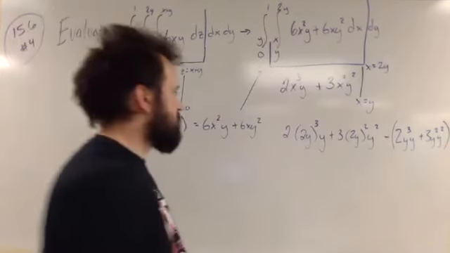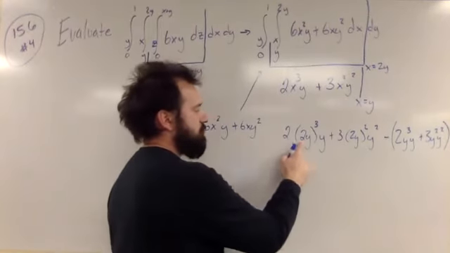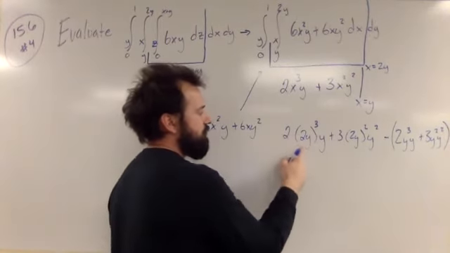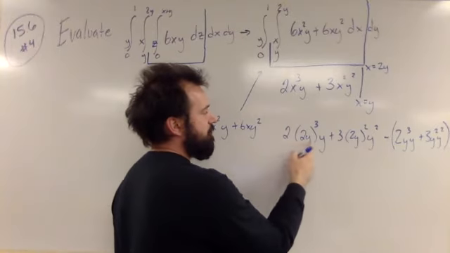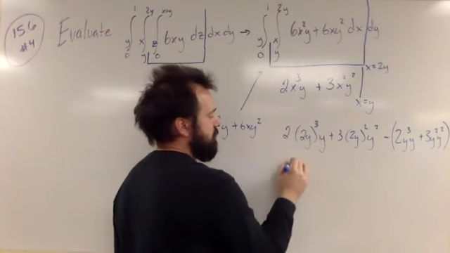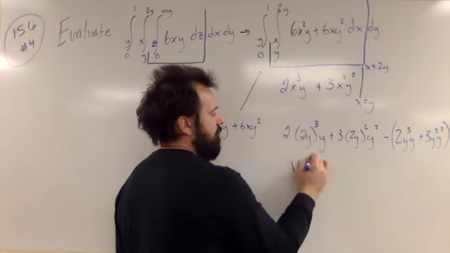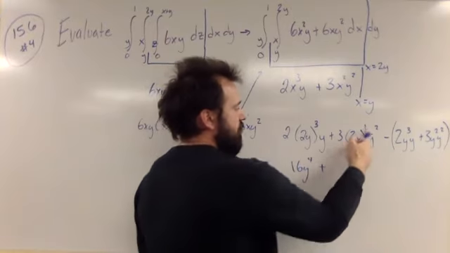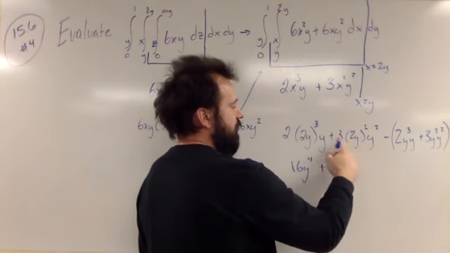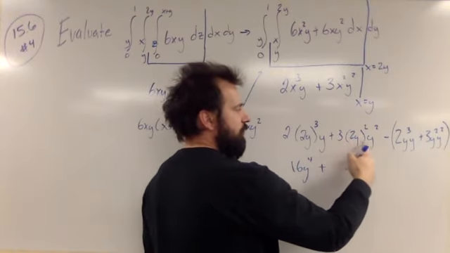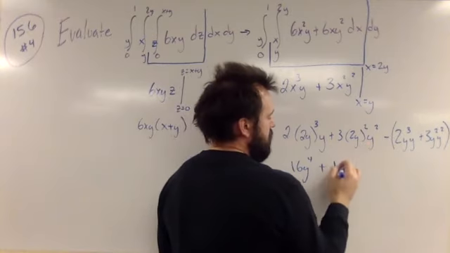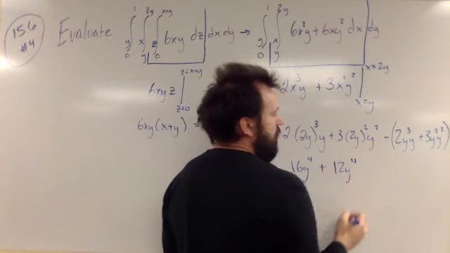Barely fits in, perfect. So here, let's work this out. 2 cubed is going to be 8 times 2 is 16. That's y cubed times y, 16 y to the 4th. 2 squared is 4, so that's 4y squared. It'll give me 12y squared times y squared is 12y to the 4th.